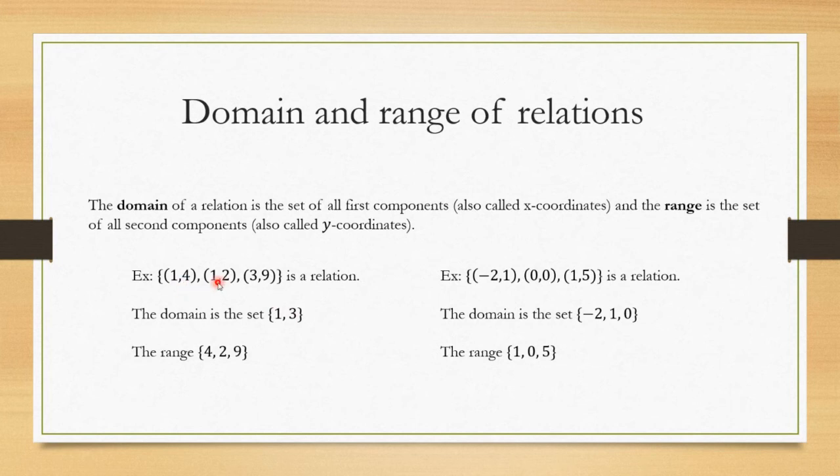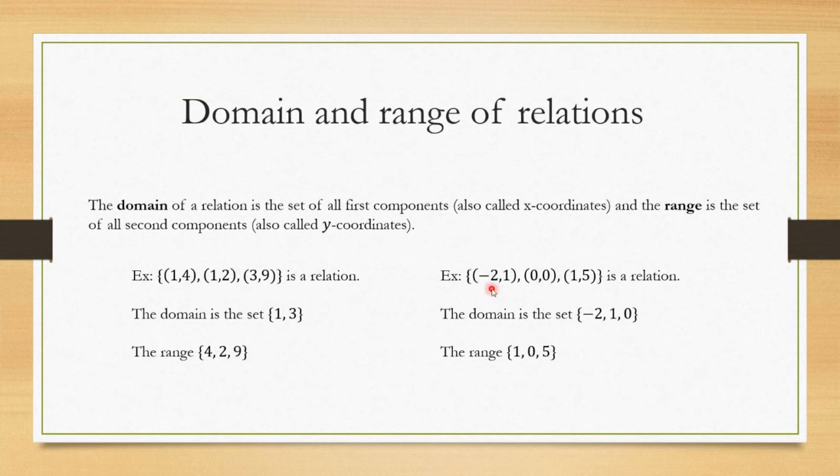So we have 1, and 3, that's the domain. 4, 2, and 9, the y coordinates, as you can see, that is the range. The idea is that 1 is related to 4, 1 is related to 2. That's what a relation is doing. And 3 is related to 9.